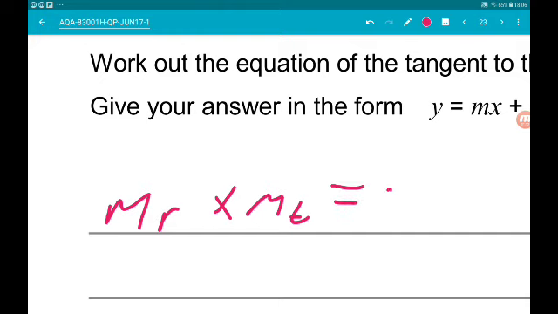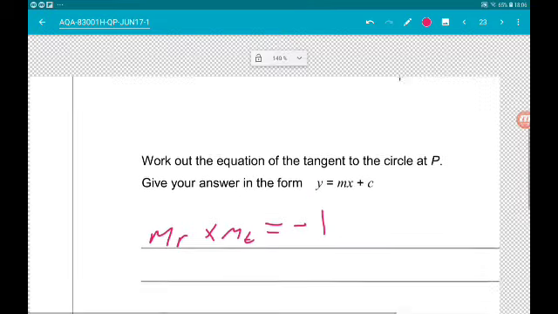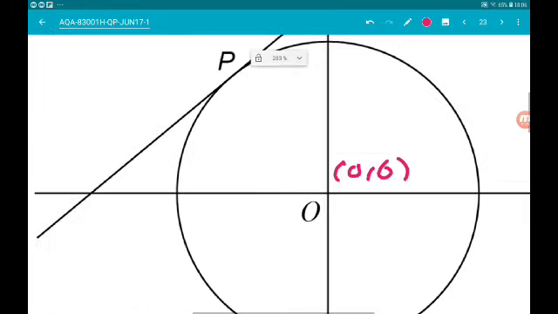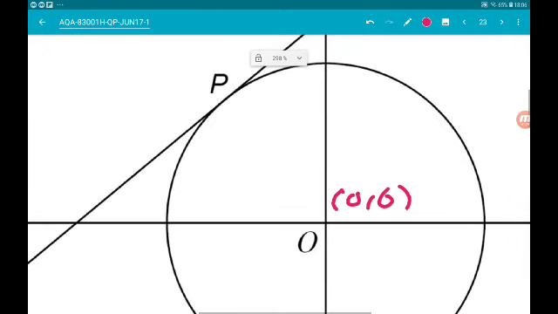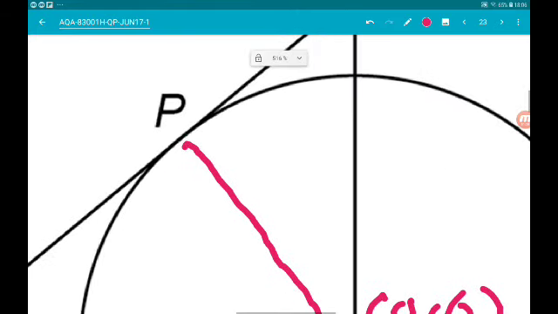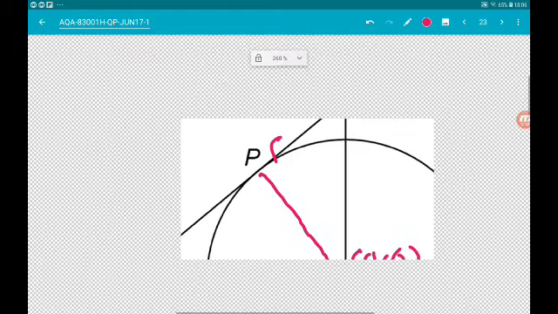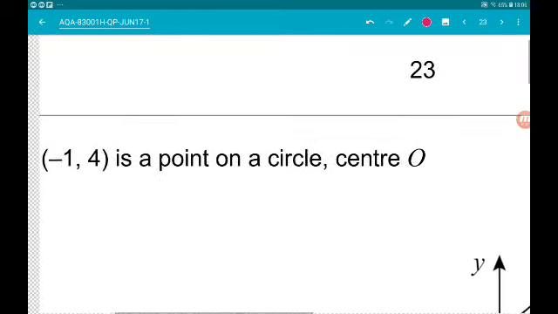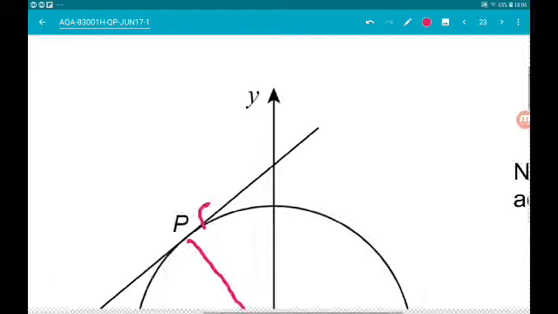They multiply together to -1. So if we find the gradient of the radius, which we can do because we know 2 points, then we can find the gradient of the tangent. So P is -1, 4.